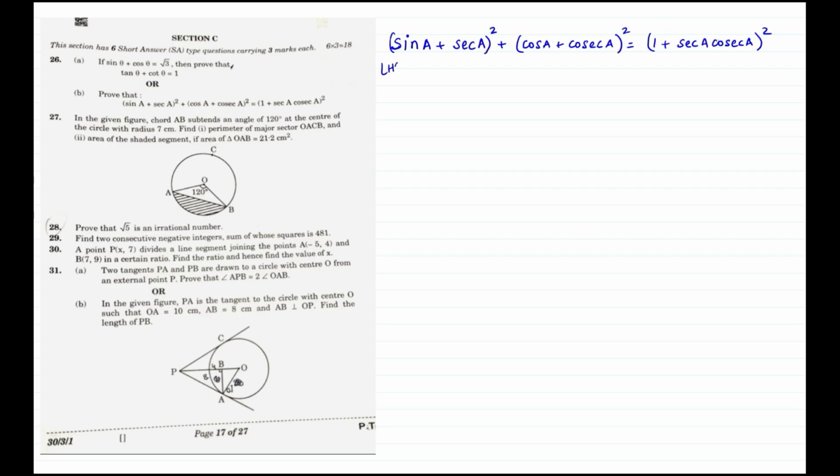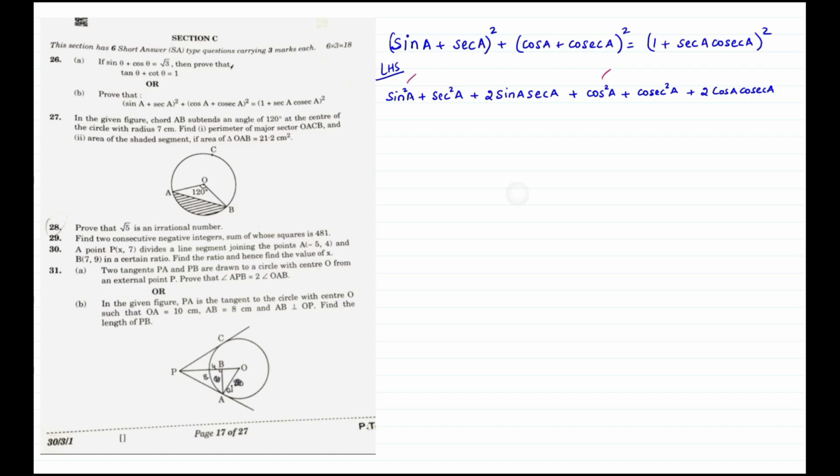So LHS will be sin² A + sec² A + 2 sin A sec A + cos² A + cosec² A + 2 cos A cosec A. Now if you see here, sin² A + cos² A will become 1.